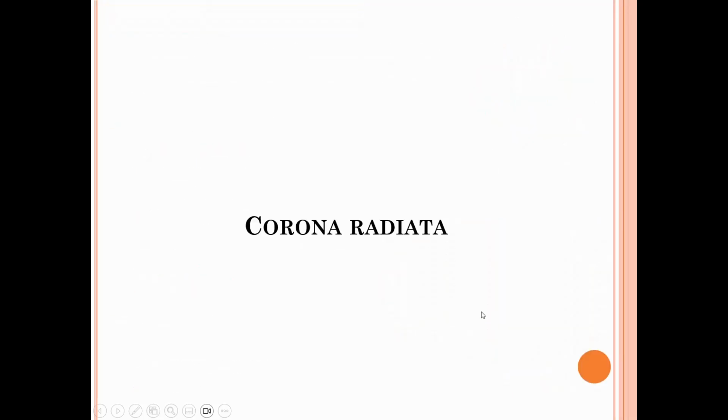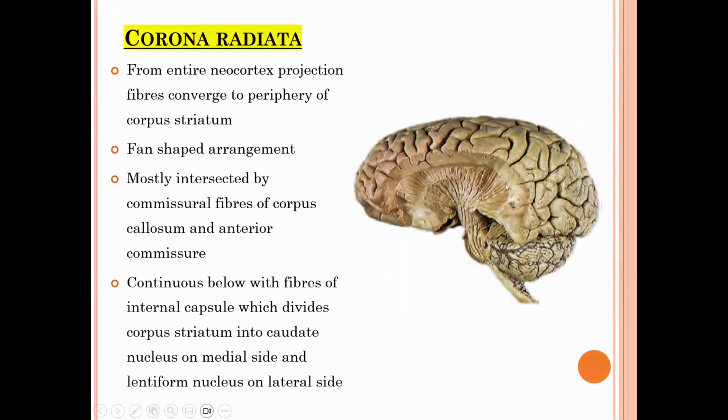Among them, the first example of the projection fiber is corona radiata. From the entire neocortex, the projection fibers are converging here to the periphery of the corpus striatum. There is a fan shape arrangement, mostly intersected by the commissural fibers of the corpus callosum and anterior commissure, but the tapetum is not intersecting the corona radiata.